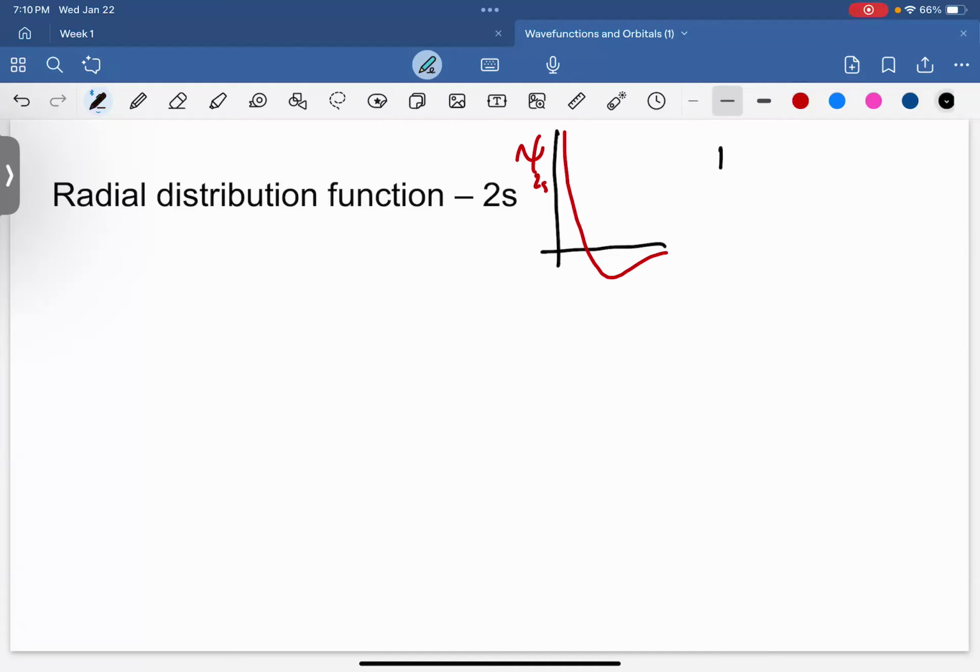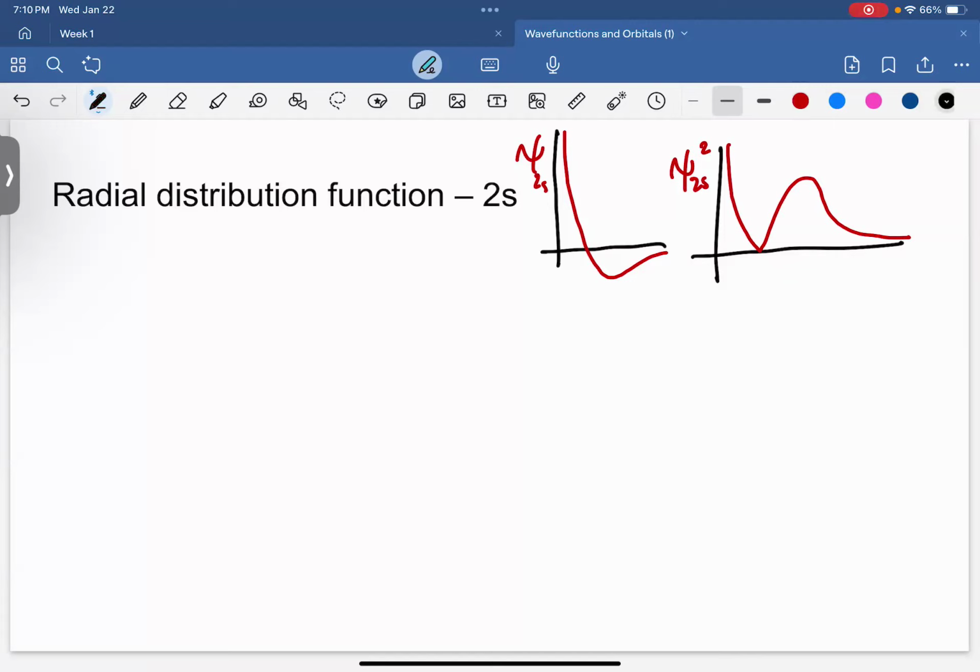This means that my psi 2s squared, because a negative number squared is going to be positive, 0 squared is 0, positive squared is positive. So it's going to look like positive, comes down, touches 0, then comes back, and then approaches 0.